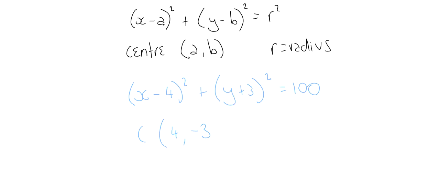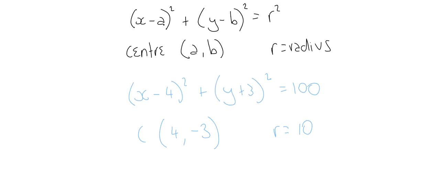The center of this circle is 4, -3. And what's the radius? It's 10, because this was r squared, so it's always the square root of this. So the radius is 10 and the center is 4, -3, which means we can always draw that, because any radius is exactly the same length.